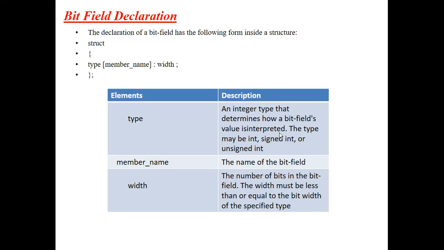Next, bitfield declaration. How does the bitfield declaration go in structures in the C programming language? Using the struct keyword we start the structure where we include the bitfield concept. Next, type the type of that bitfield and the member name of that field, and next the width.